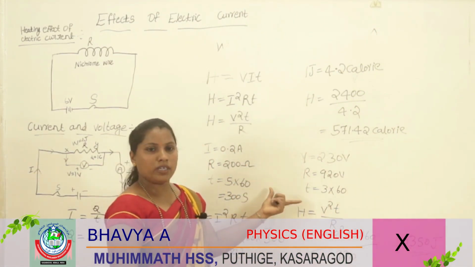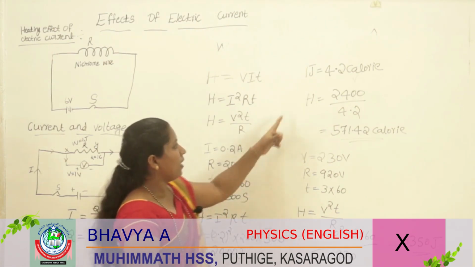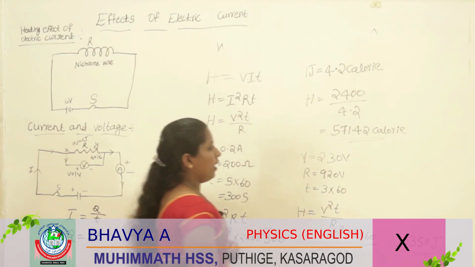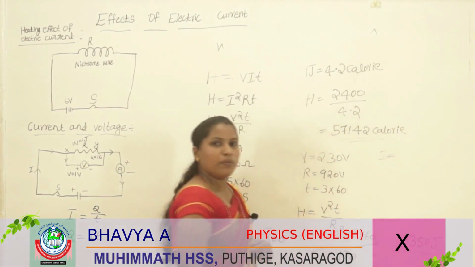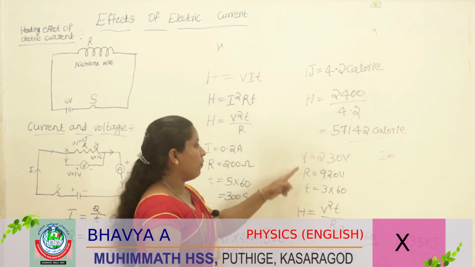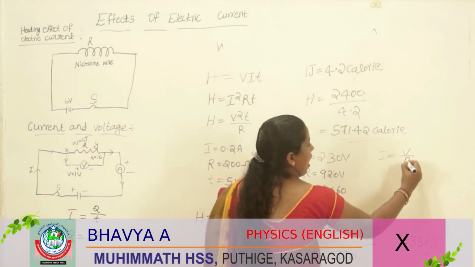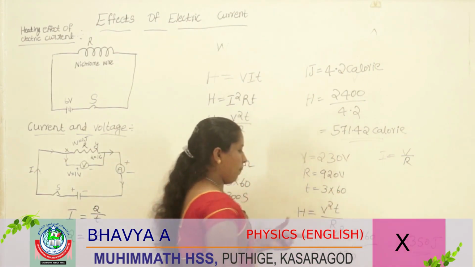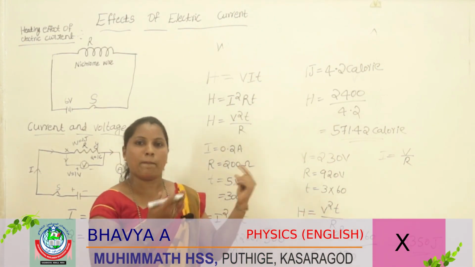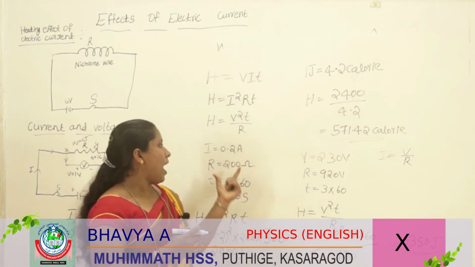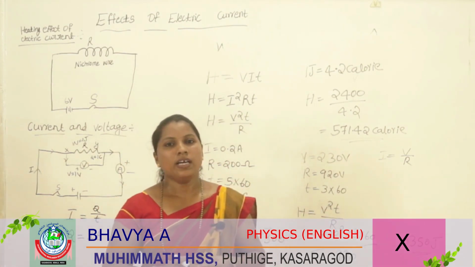Another way you can calculate this is by applying Ohm's equation, where we calculate I is equal to V divided by R. V is given, R is given. Then you should apply that value in the equation, which one? I square RT. Okay, next we will continue in the next class.